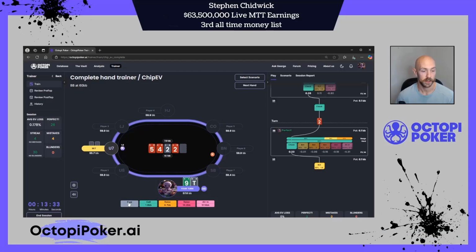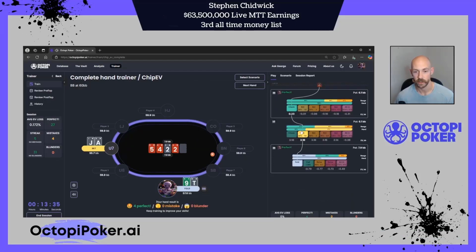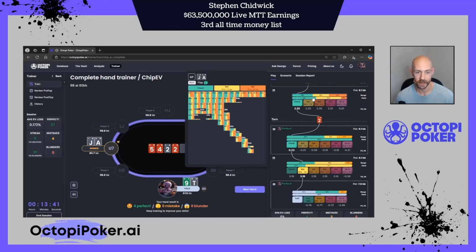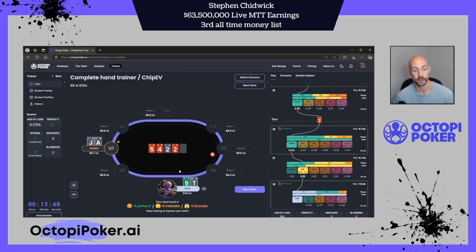So I think looking at the ranges that the players are playing, if you say to yourself, I really don't think he's value betting these hands, or I really think he's over bluffing in the games that I play, maybe I've made a fold that I got a mistake for, but I think that it's probably just a good exploit.